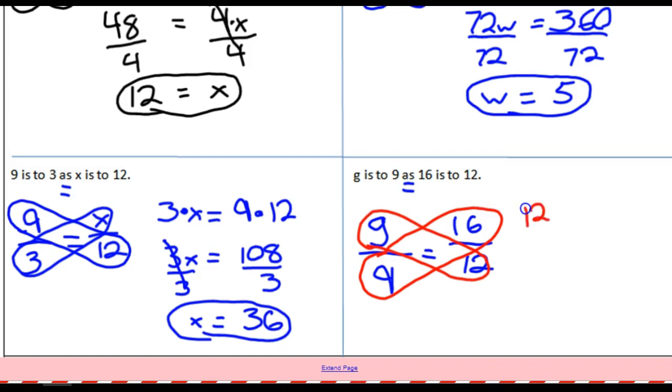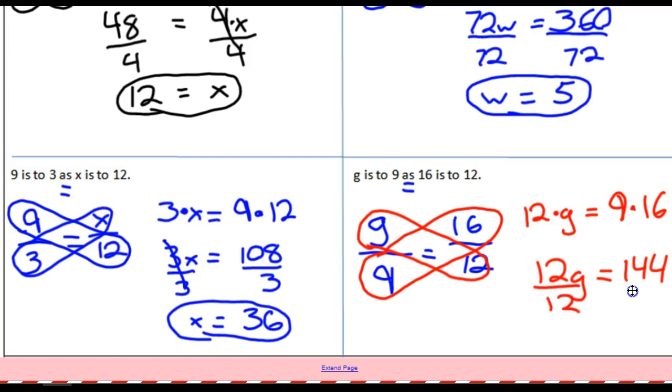So 12 times G equals 9 times 16. 12 times G is 12G equals 9 times 16, which is 144. Divide by 12. And G equals 12.